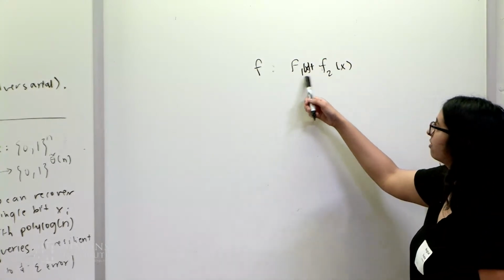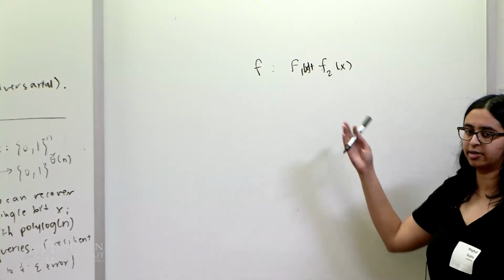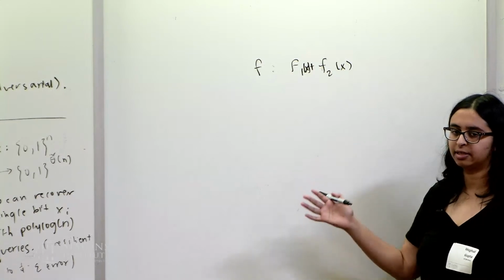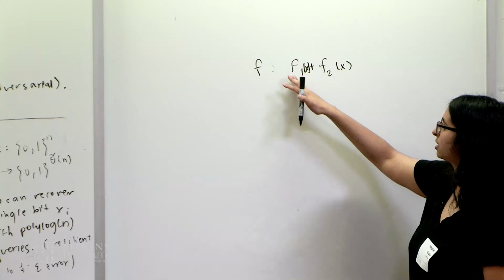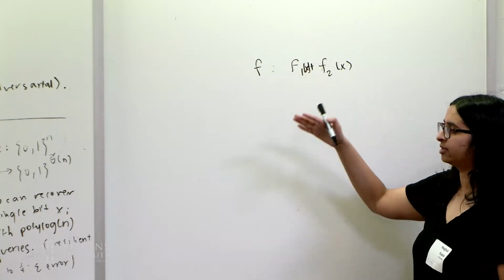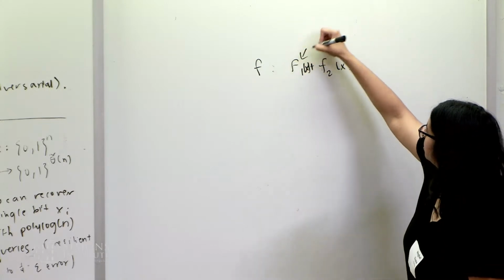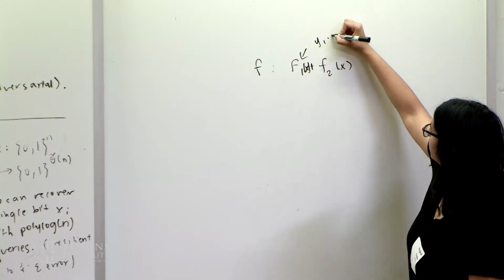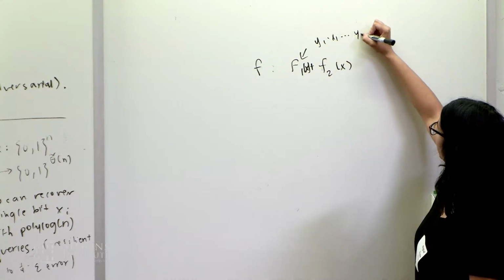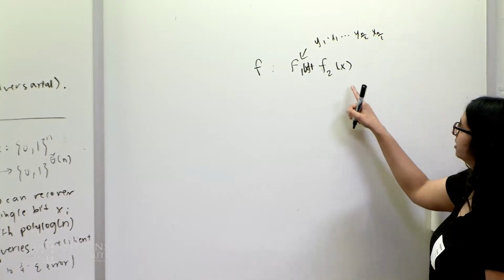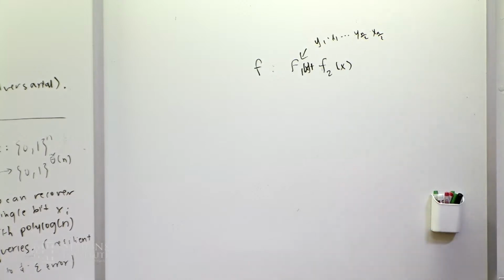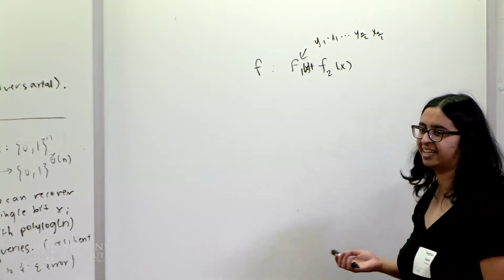We're going to write it as f1 of x plus f2 of x, where f1 is the first half of y, and f2 is the second half of y. So f1 is like y1 x1 plus dot dot dot plus y n over 2 x n over 2, and f2 of x is the second half. Does that make sense?